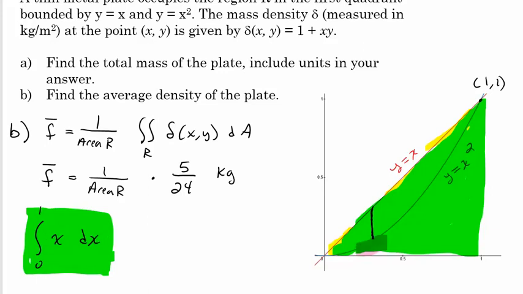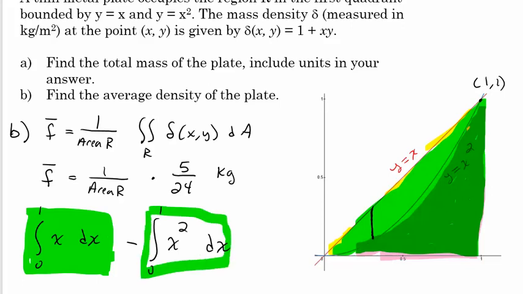So I need to subtract out this stuff here. Well, what is that stuff? That stuff is the integral from 0 to 1 of the stuff that's underneath, x squared dx. I can't make that color. Oh, it's not a very nice color. I got it by doing green and then covering it up with pink. All right, so that's the idea, and we can combine that into one integral.